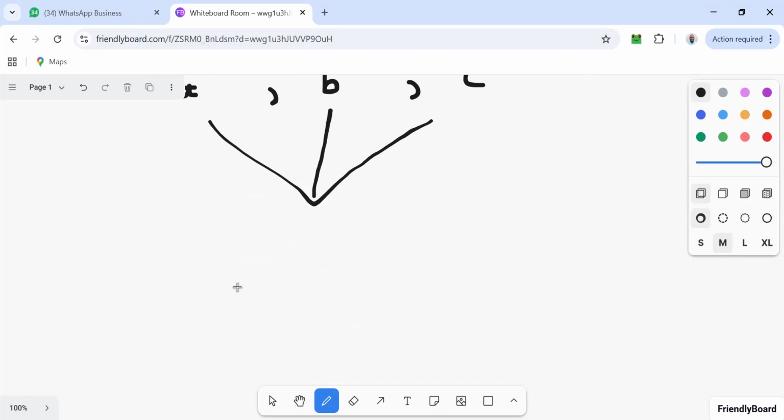the general term of the quadratic number pattern, which is Tn is equal to an squared plus bn plus c.